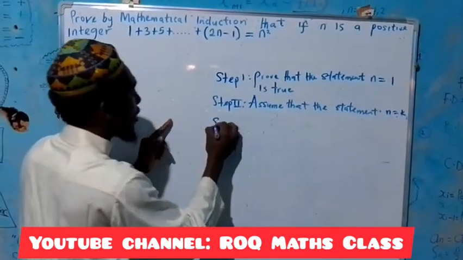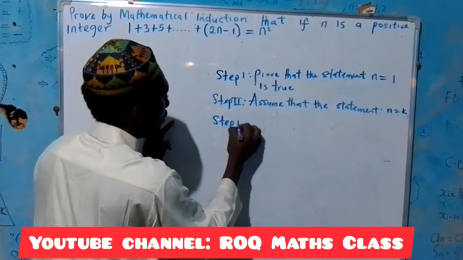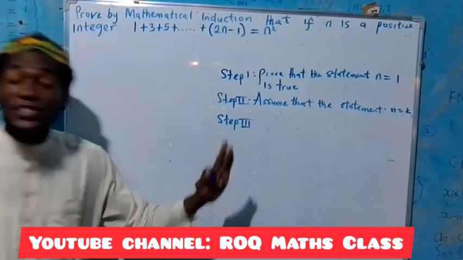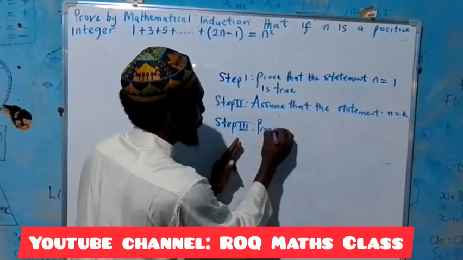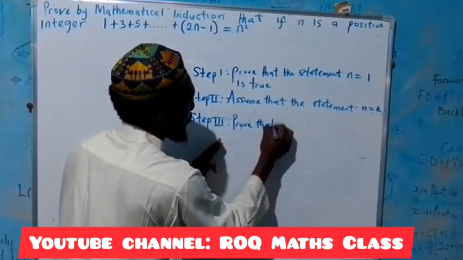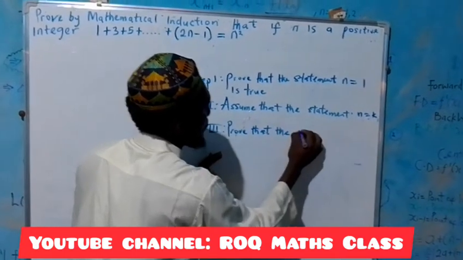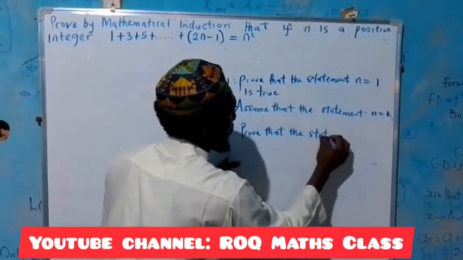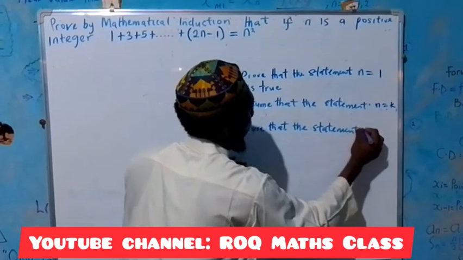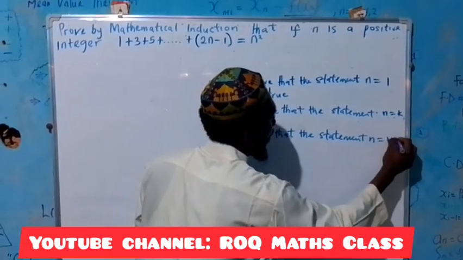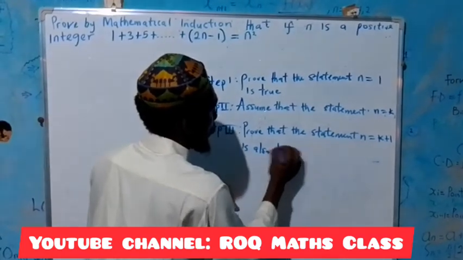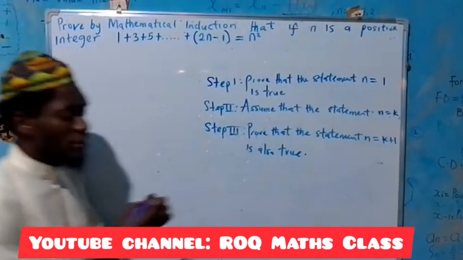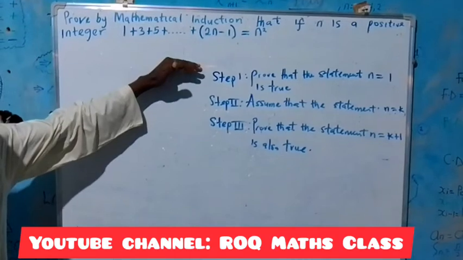Our last step, step 3, is very easy: prove that the statement n equal to k plus 1 is also true. That is it. We'll be using these 3 steps to prove mathematical induction.